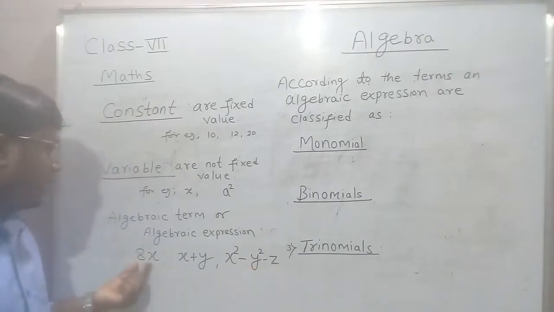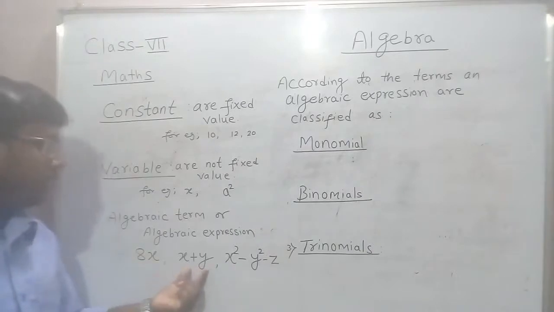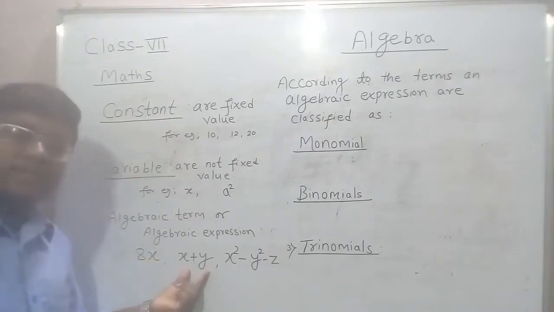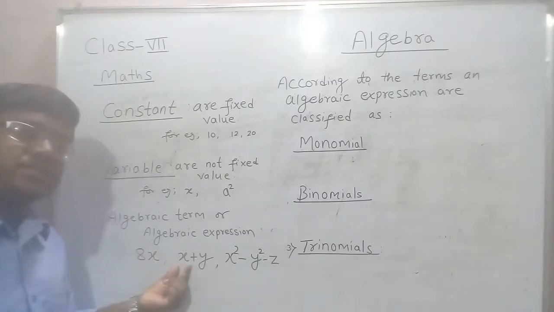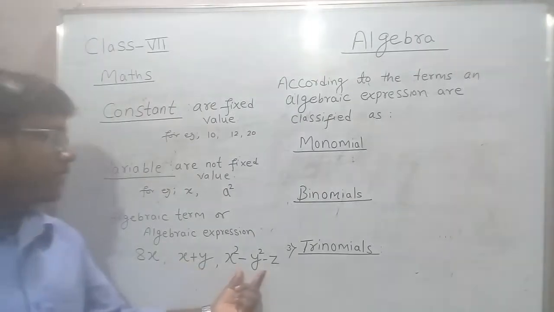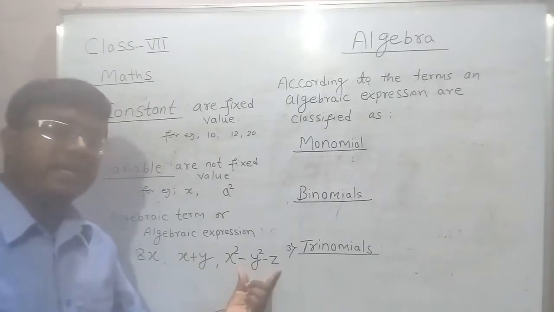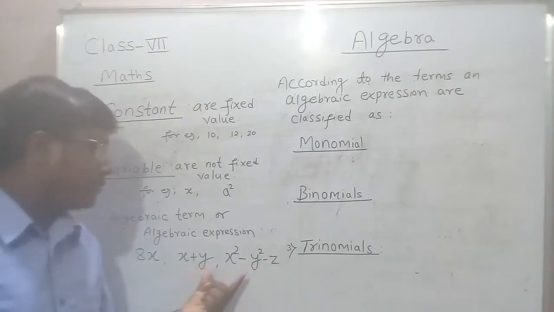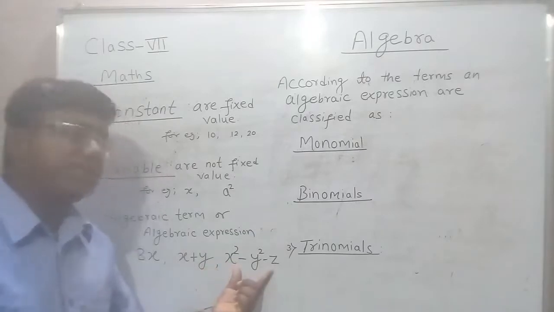Here in between 8 and x there is a multiply sign, so it is a single term. Multiply or divide do not separate the term, but x plus y represents two terms: x is the first term and y is the second term. Similarly, the expression x square minus y square minus z has three terms. As I have said earlier, plus and minus separate the terms.